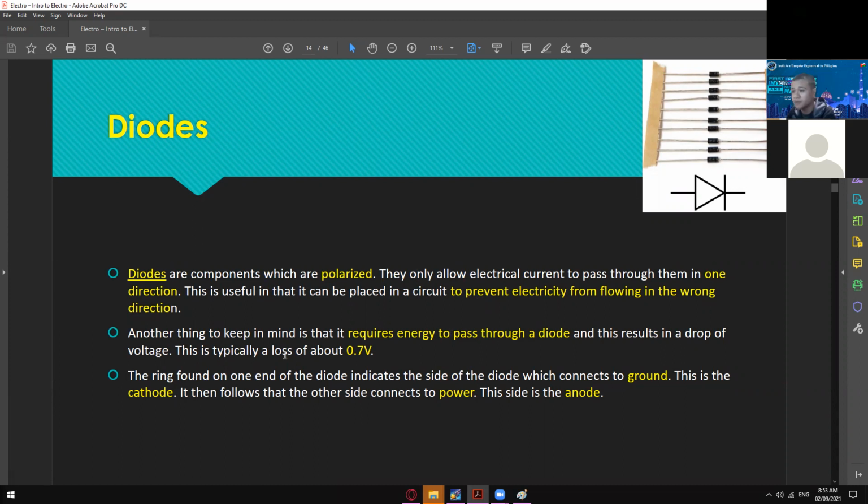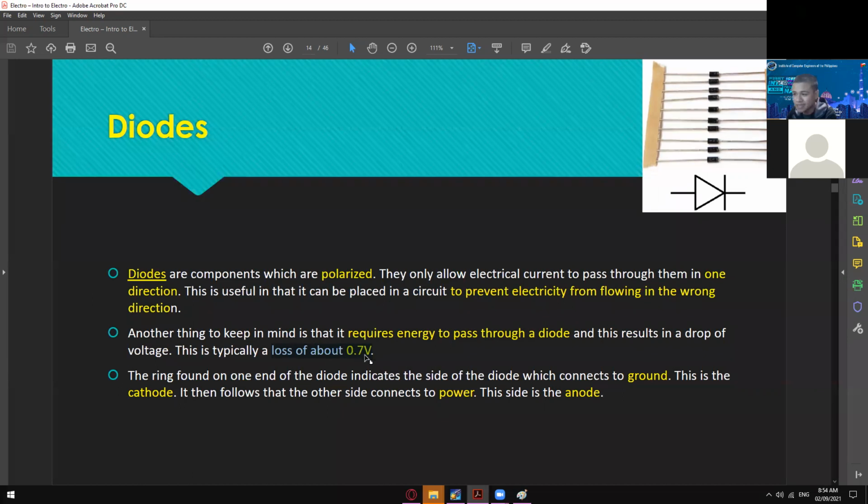Another thing to keep in mind is that it requires energy to pass through a diode, and this results in a drop of voltage. This is typically a loss of about 0.7 volts. So yes, you heard this right. This is the only component that needs to eat a certain amount of energy before it can function completely.